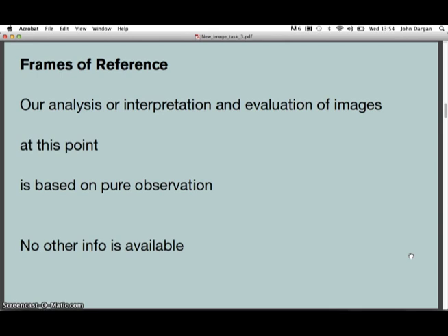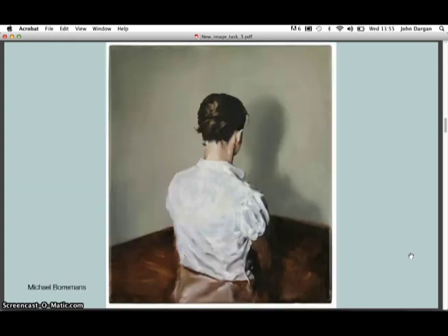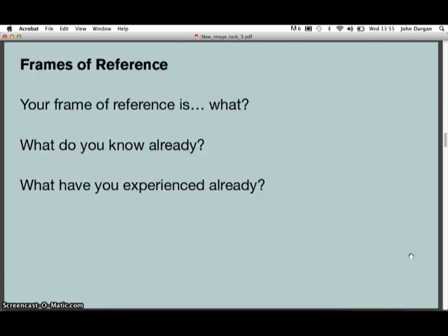So it's very important that what you say comes from you, that it's in your own words, and that we can see that what you say about an artwork or an image is just real, if you like, and not something you've cobbled together from the internet. So we're trying to work with stuff that's based on pure observation, thinking about your frames of reference.